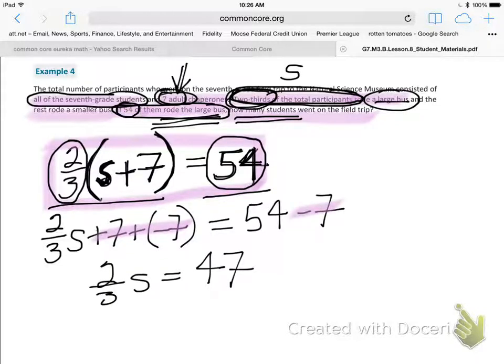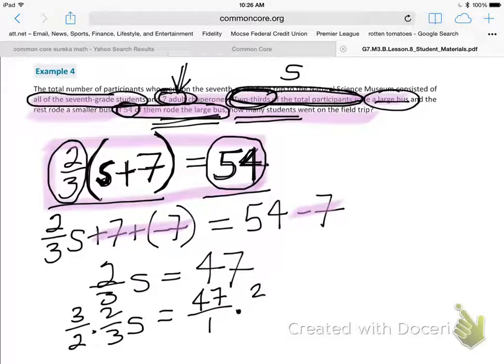All right, so now we have 2/3. Now to make a 1 out of S, we're going to just multiply by the reciprocal, and we're going to do the same over here. Actually, 3/2 is our reciprocal because we're looking at 2/3 here.